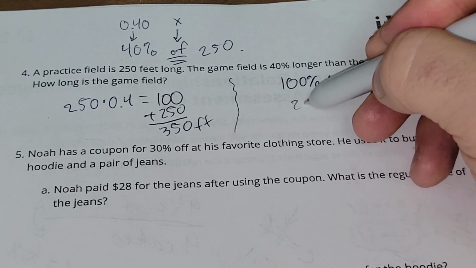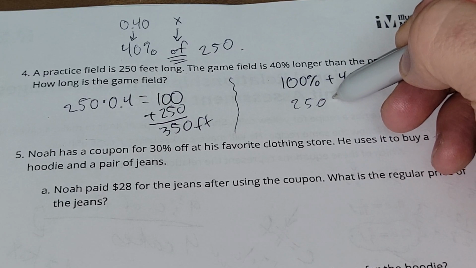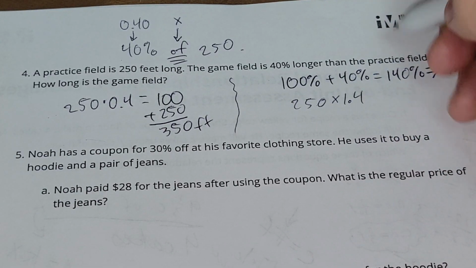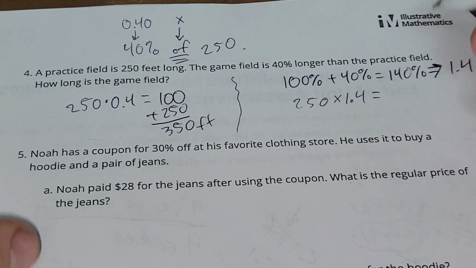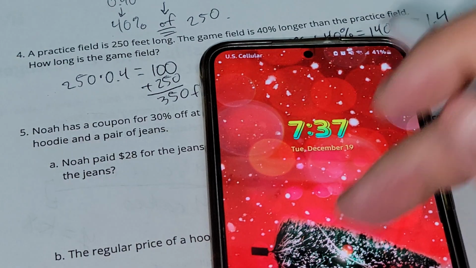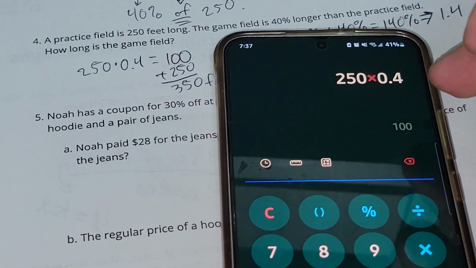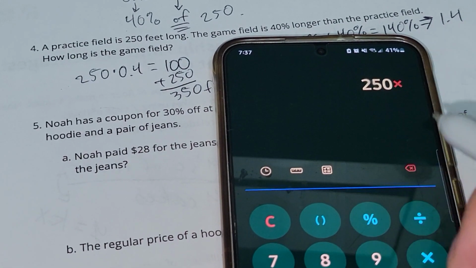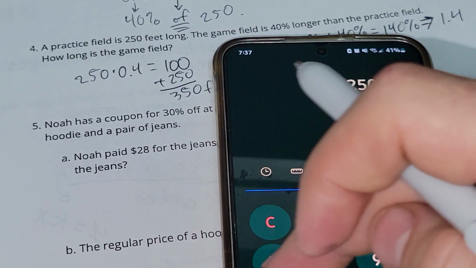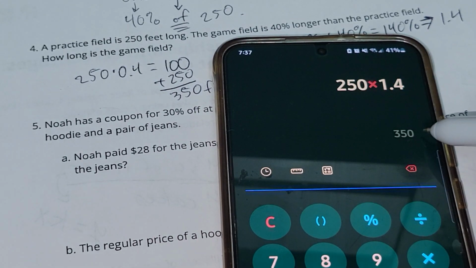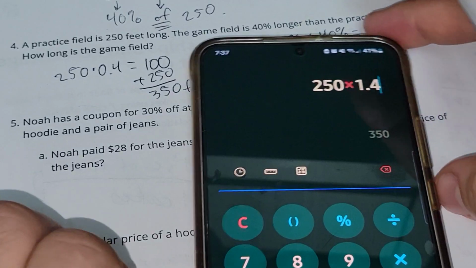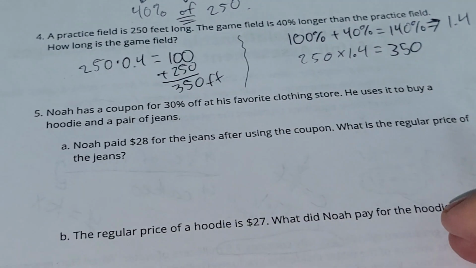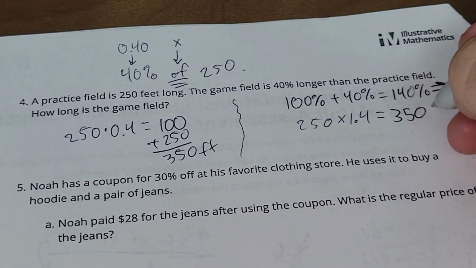So if I take my 250 times 140% as a decimal, which is 1.4, to prove to everybody that this works. Instead of times 0.4, I'm doing 1.4, and I get my answer in 1 move. 350 feet.